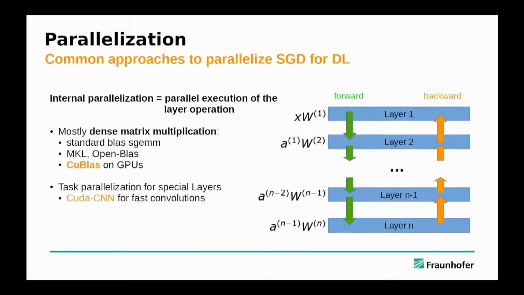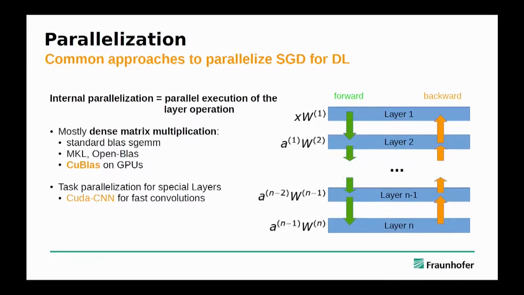And the most expensive ones melt down to dense matrix multiplications of very large matrices. This is well understood in HPC, so we have the standard implementation. Basically what you see here are BLAS operations. You have your math kernel libraries for CPUs, you have the equivalent versions for GPUs and so on. So you know how to parallelize these operations on your local node.